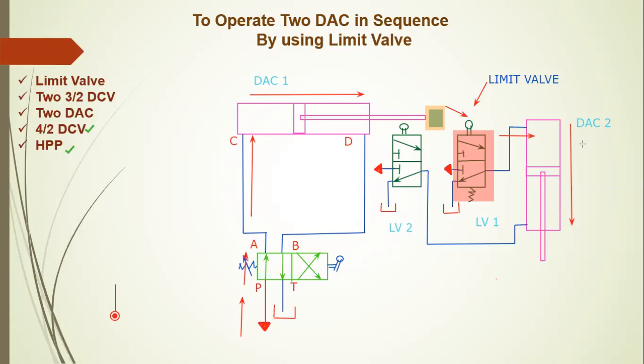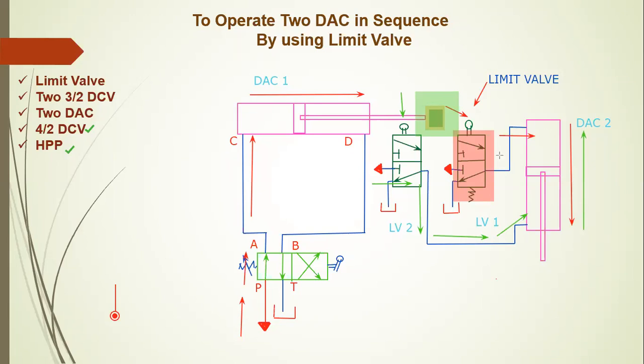When it moves back into the return position, this portion hits limiting valve 2. At this time the oil flows from the hydraulic power pack through the limiting valve to double acting cylinder second, and the piston moves in the upper side direction.